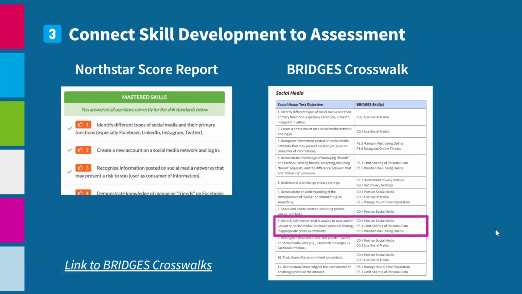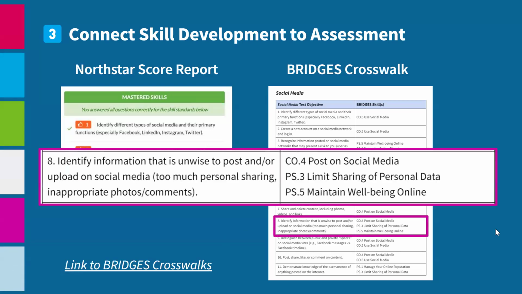But when would this come in handy? Let's say that you or a learner took the North Star social media assessment, and maybe you missed number 8, which is not a good one to miss: knowing what is unwise to post or upload on social media, too much personal sharing. So that is a North Star standard.